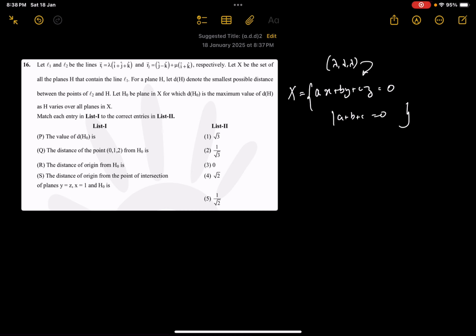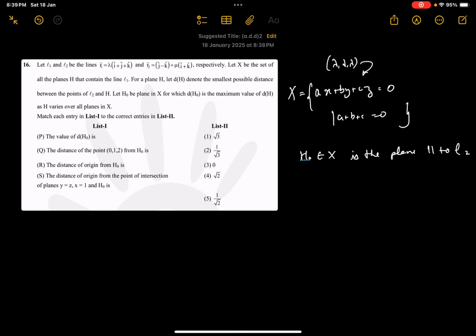That gives us that H0 is parallel to the line L2, because d_H as H varies in X can either be 0 or the plane H is parallel to L2. So H0 is the plane of the maximum distance from the line L2, so H0 must be parallel to L2.